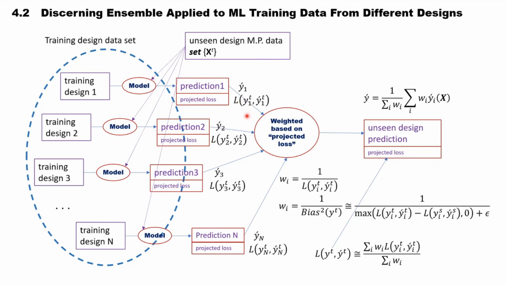It also has the advantage of good debuggability. For example, one can simply look at the best learners that have the highest weight to see if the training design is really a good match for the test design. If it's not, maybe this training design can be excluded, and data from the test design might be useful for further applications.